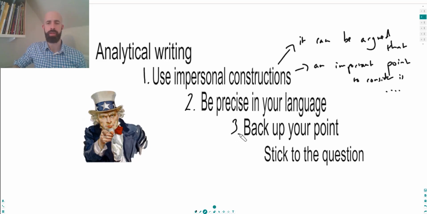Okay, so number 3 here is backing up your point. Do make sure that you back up your ideas with examples, with statistics if possible, or at the very least with a clear, rational argumentation.